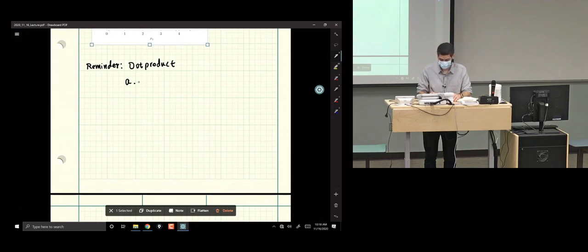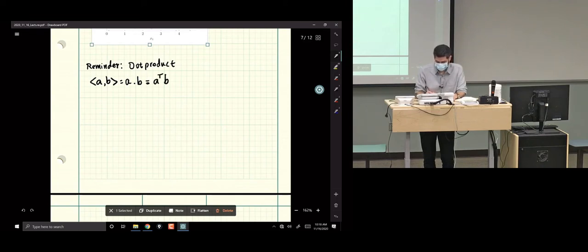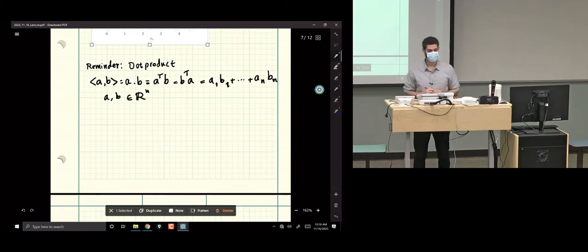I think this is the notation we use, but this is equally valid as well. This was A transpose B, or B transpose A, and it was A1 B1 plus all the way to AN BN.